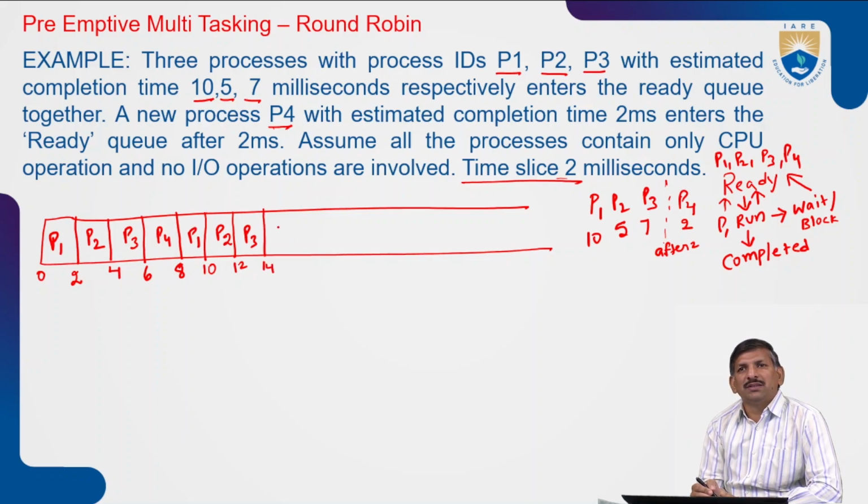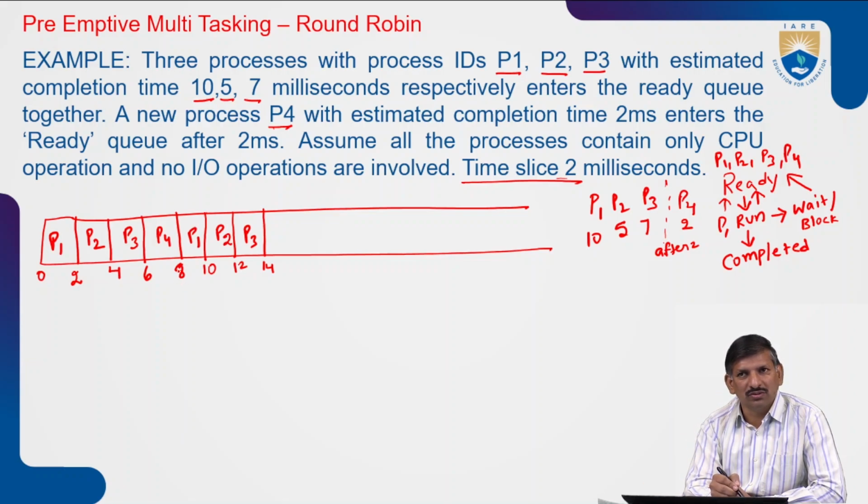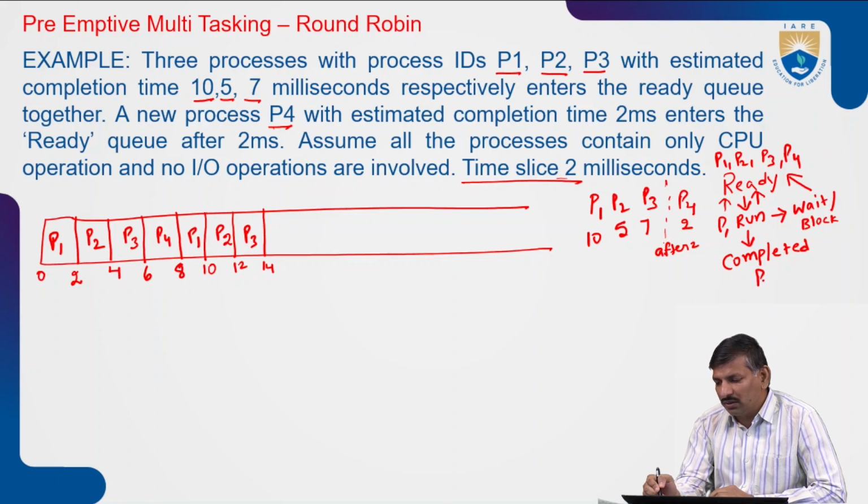P4 execution is now complete, since its execution time is 2 milliseconds and already 2 milliseconds are over. So P4 enters the completed state.